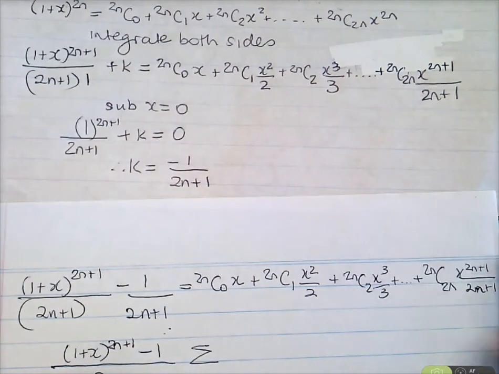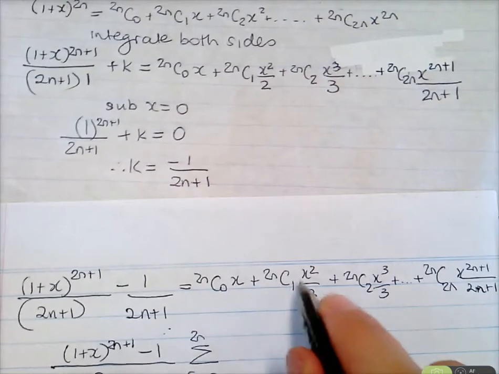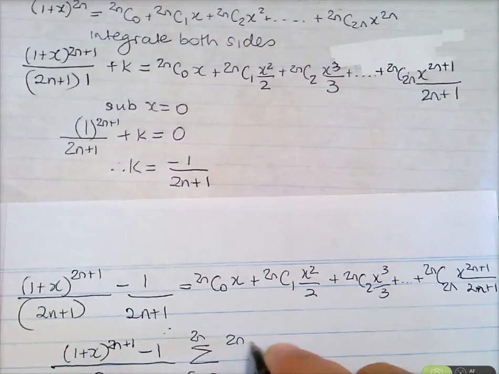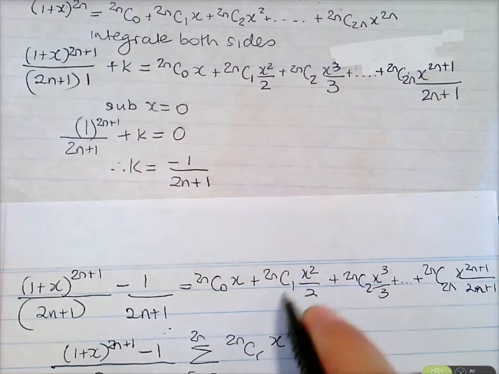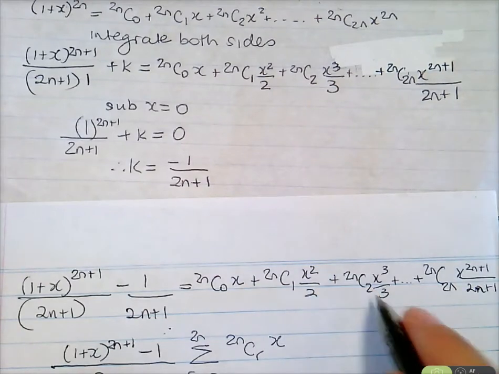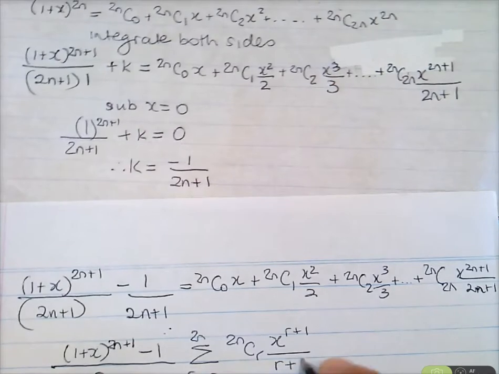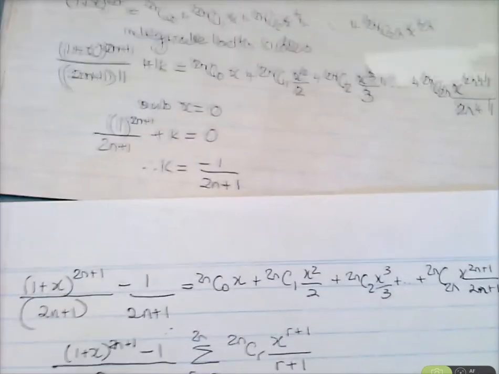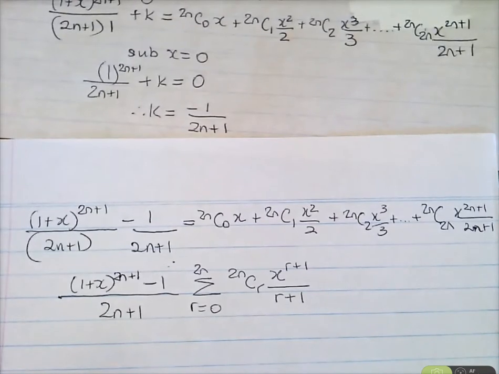Let's look, this is the general term here. From what? R is 0 to 2n. You can't tell with the first one. So it's going to be 2n CR x to the, look here. Well, if that's 1, that's 1 plus 1. If that's 2, that's 2 plus 1. Yep, R plus 1 over R plus 1. So that's what I've got so far.